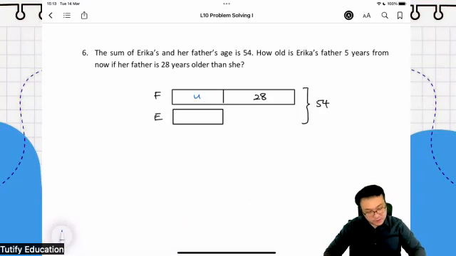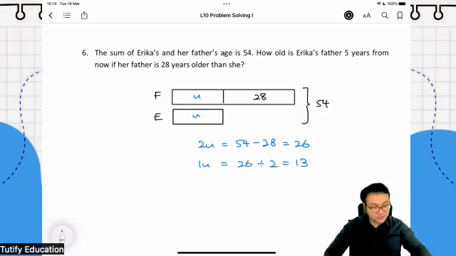So this is 1 unit, this is 1 unit. If you take 54 and get rid of the 28, what will happen? You can already find the 2 units, right? If you want to find 1 unit, just divide it by 2 and you get 13.